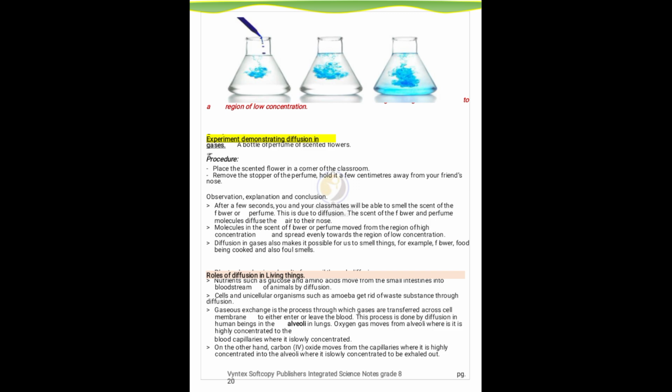When we talk of gaseous exchange, we talk of how materials move inside. That is gases. Oxygen enters into the alveoli and carbon dioxide leaves. Also, carbon dioxide enters into the plants and oxygen leaves. So we say that diffusion is important in the process of gaseous exchange in human beings.